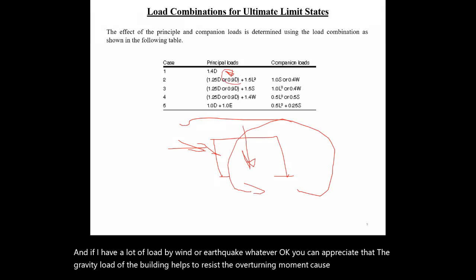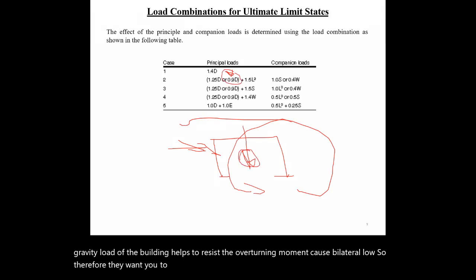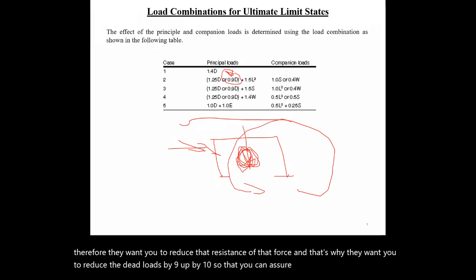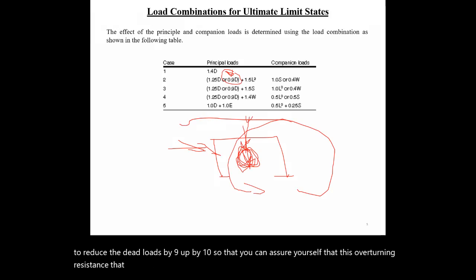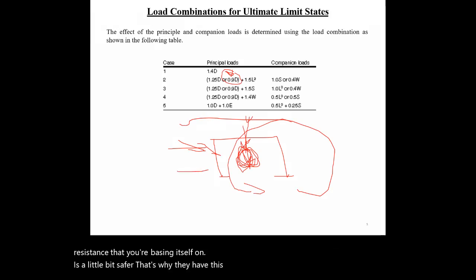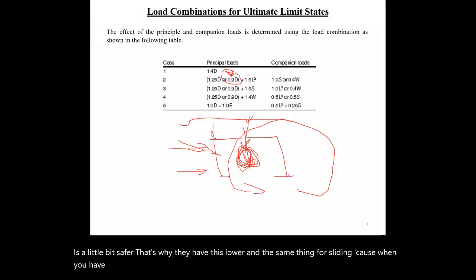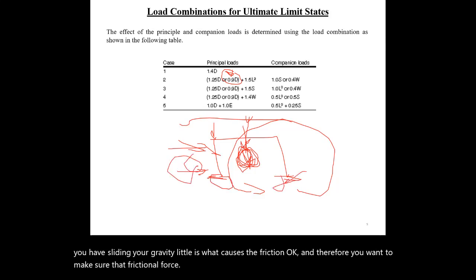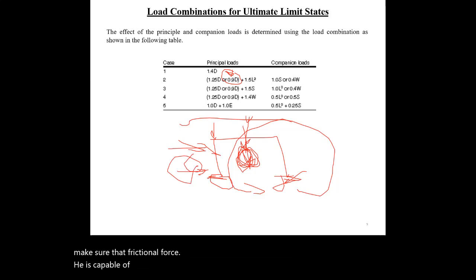So they want you to reduce that resistance, and that's why they want you to reduce the dead loads by 10%, so that you can assure yourself that the overturning resistance you're basing yourself on is a little bit safer. That's why they have this lower. And the same thing for sliding, because when you have sliding, your gravity load is what causes the friction, and therefore you want to make sure that that frictional force is capable of resisting your lateral force.